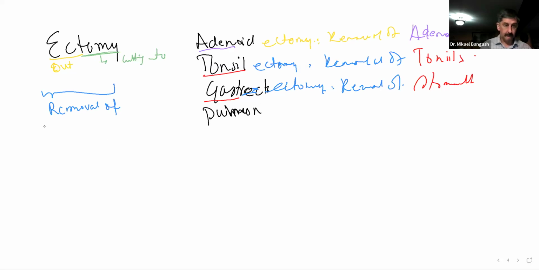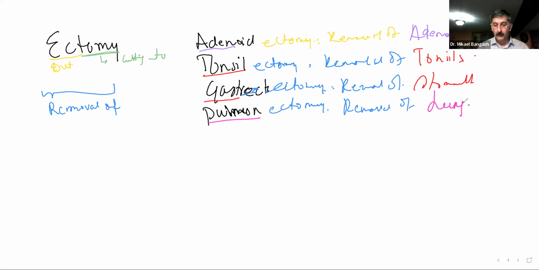What we also can do is pulmonectomy, which just means the removal of the pulmon, guys, the lung. So they may remove a whole lung. That happens.